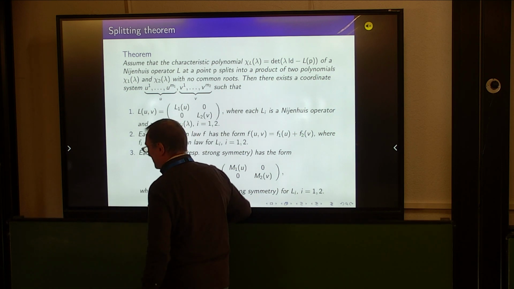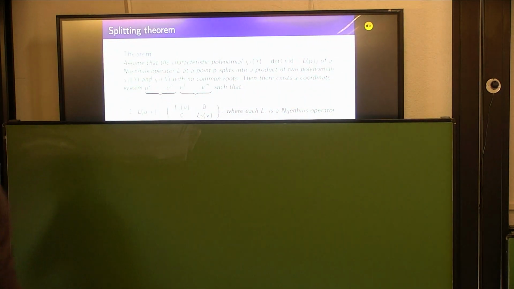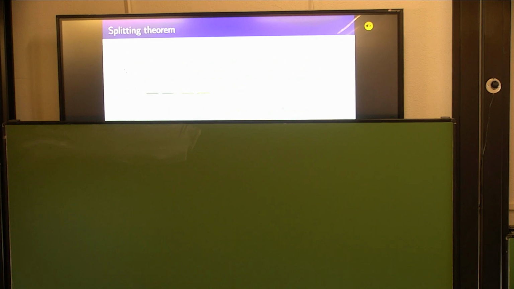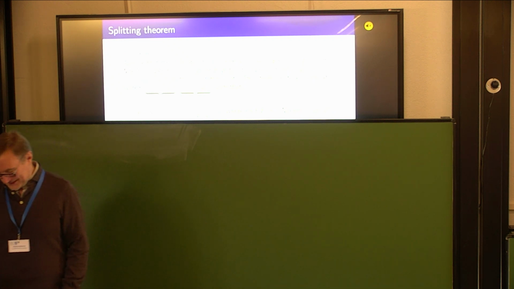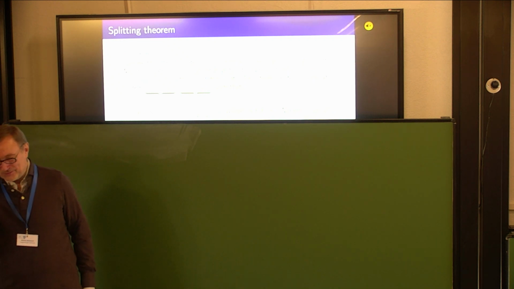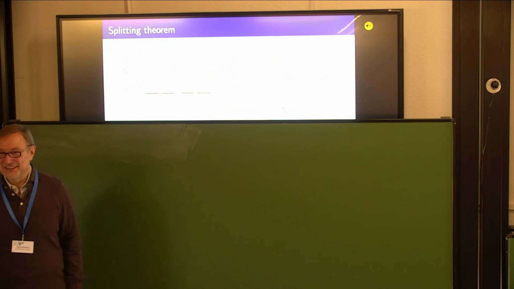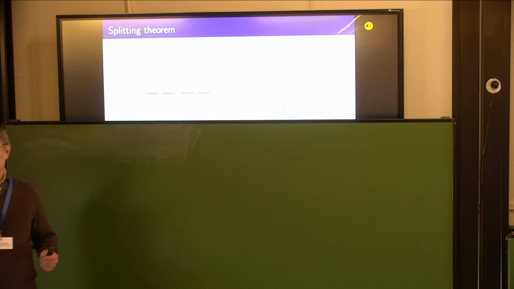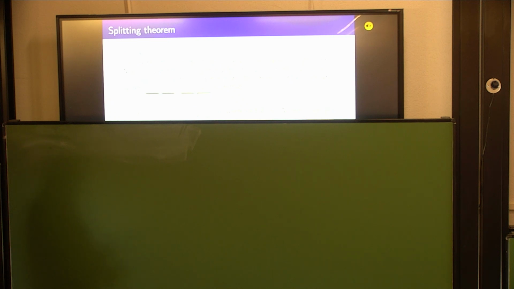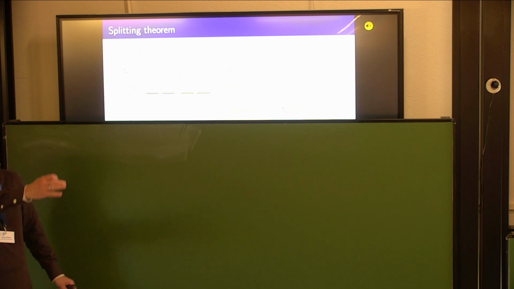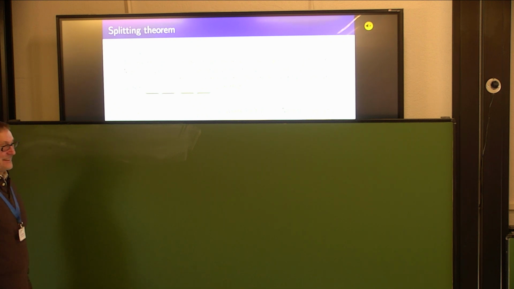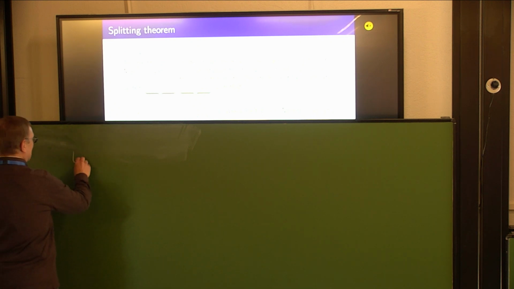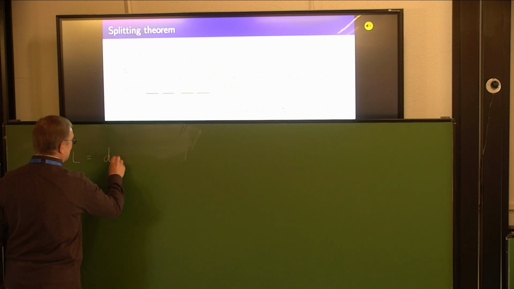Look, you mentioned already one example. This is a complex structure. But a complex structure is an operator with constant eigenvalues, right? This is the point. For Nijenhuis operators, eigenvalues are not necessarily constant. And if all of them are different, then the Nijenhuis operator will look like this. It will be just diagonal.